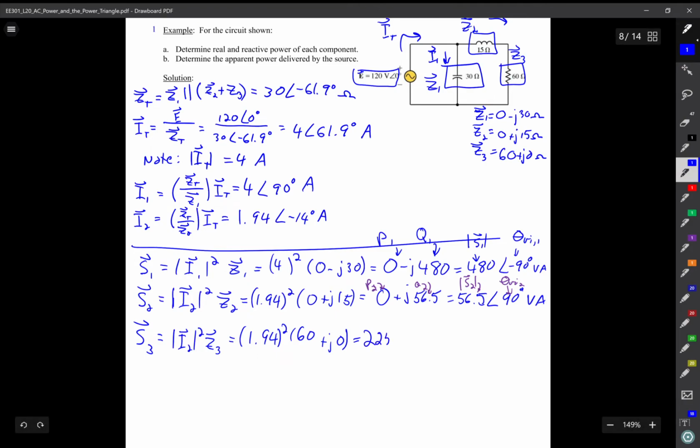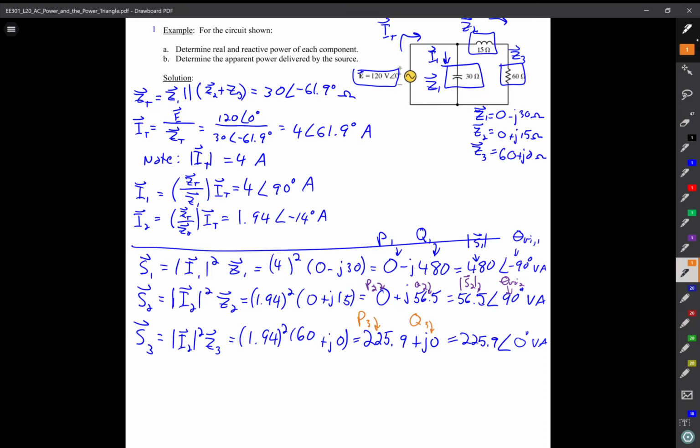So that's 225.9 plus J0, which is equal to 225.9 with an angle of 0 degrees voltamps. Okay, what does that mean? Well, here is P3. Here is Q3. Here is theta VI3. And, oops, there is my apparent power, that's wrong. This is the magnitude of the complex power, the apparent power, and this is theta VI3.